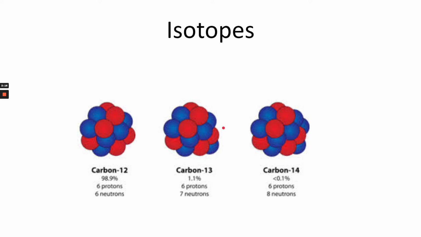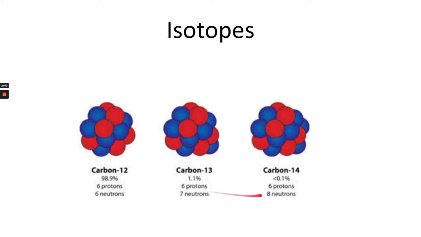Then we have things called isotopes. If we're looking at these here, I have carbon 12, carbon 13, and carbon 14. Notice the number at the end is different. That's because if you add up the number of protons and neutrons, you get this number. This number is called the atomic mass of the atom. Carbon 12, which is just regular old carbon on the periodic table, has 6 protons and 6 neutrons.